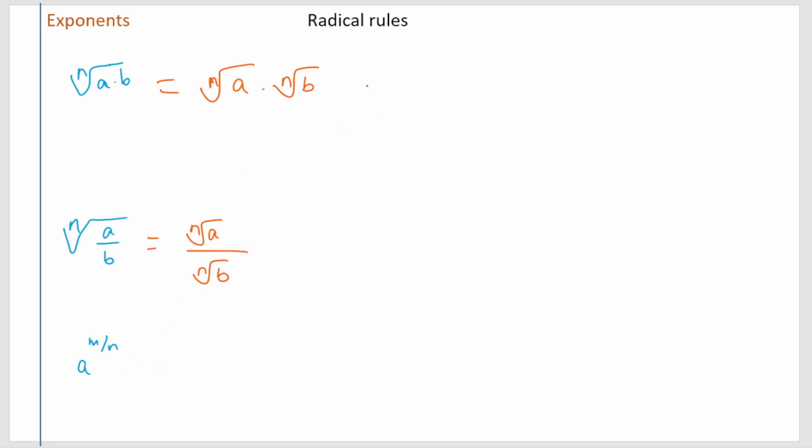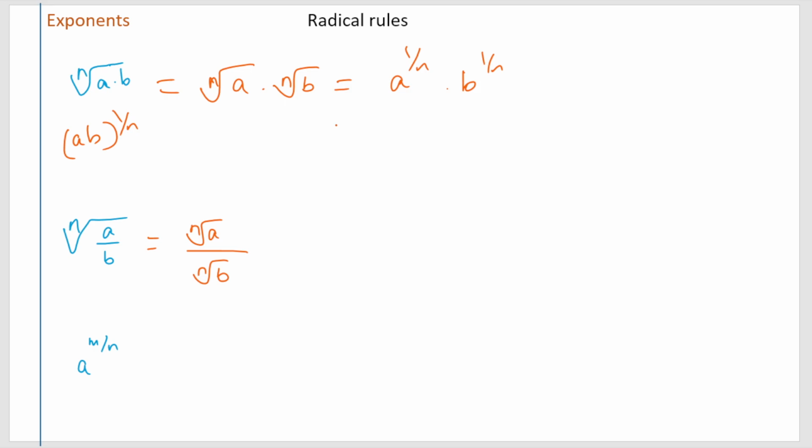To prove this, we can write it as per fractional exponents, this is (a·b)^(1/n), right? So this is a^(1/n) times b^(1/n).